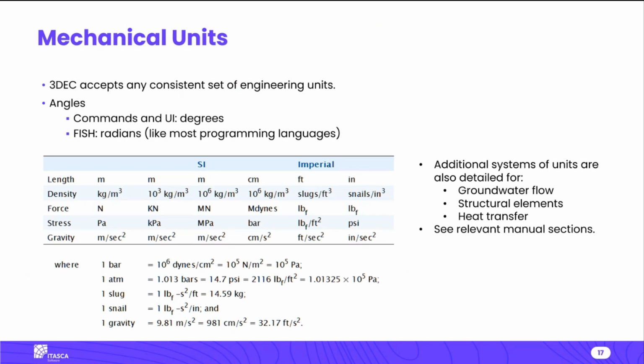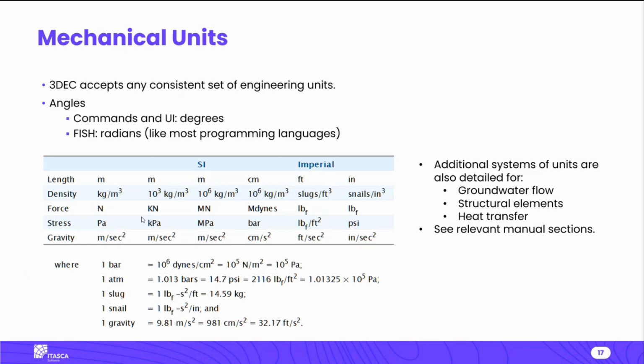And this chart is from the manual in the underpinning section. And again, if you just go down one of these columns and make sure that you're consistent with your units, everything will work out. Most of the examples in the manual are down the left-hand side here, using meters and pascals.